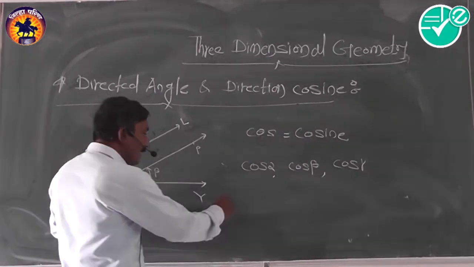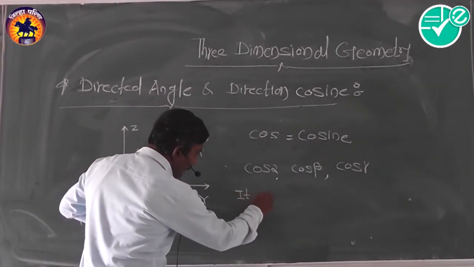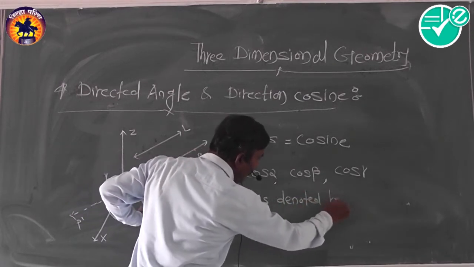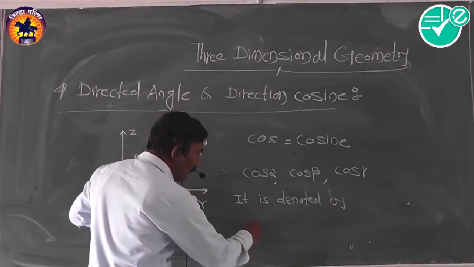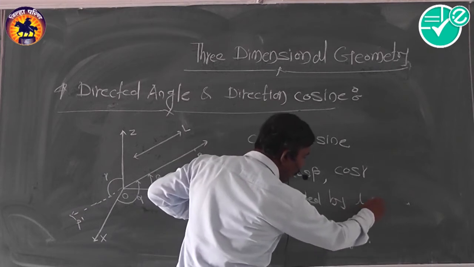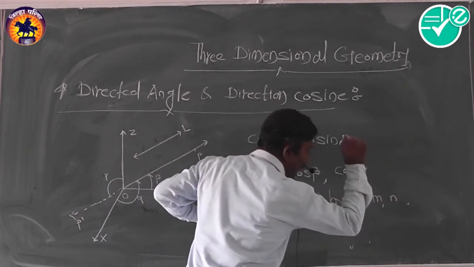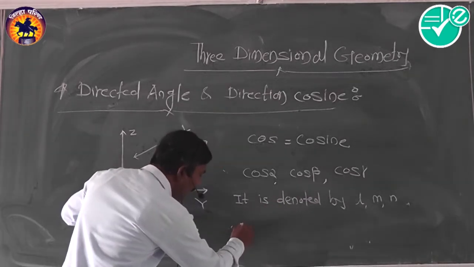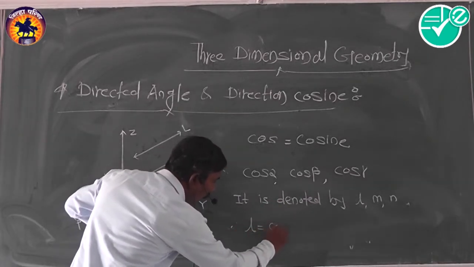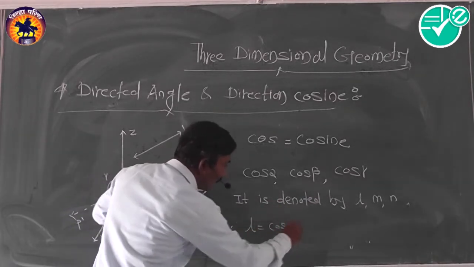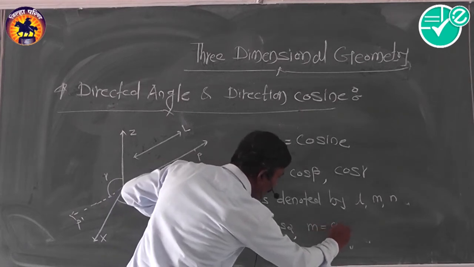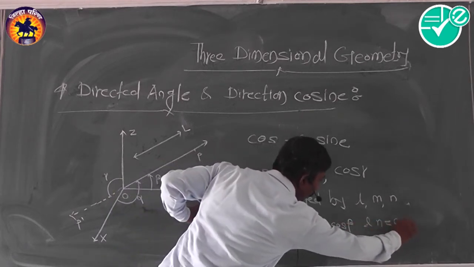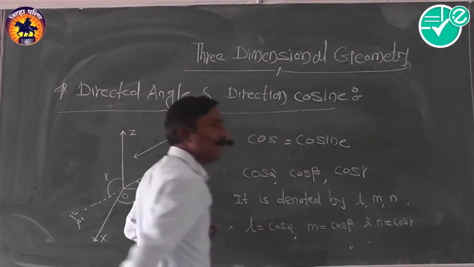And it is denoted by small l, m, n. That is, we can write l is equal to cos alpha, m is equal to cos beta, and n is equal to cos gamma.